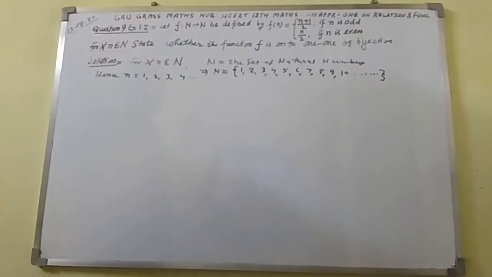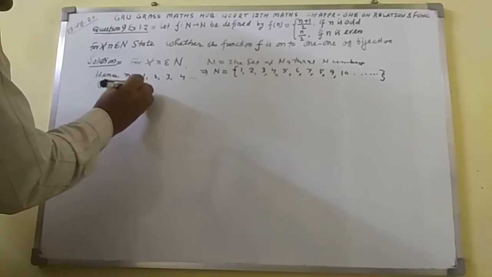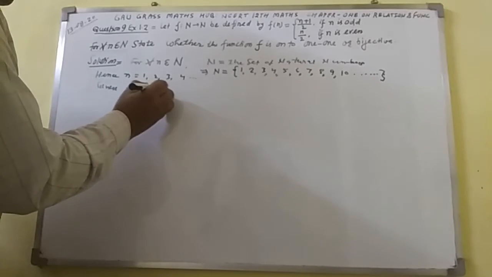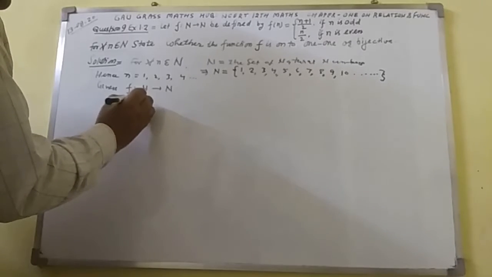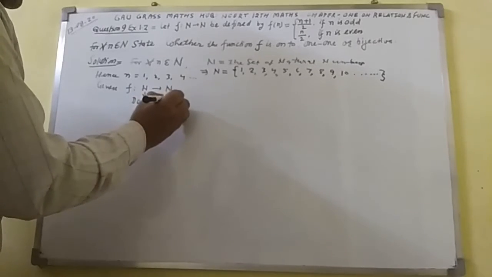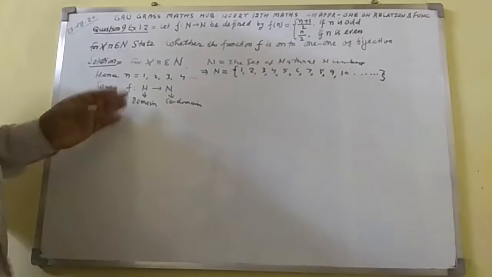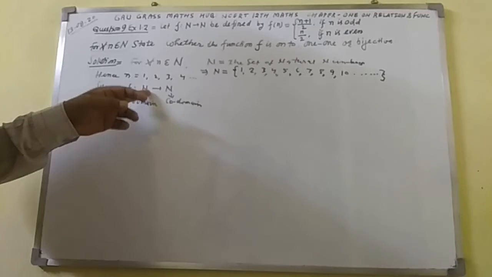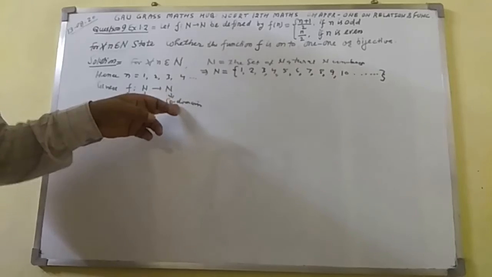Now here it says f is a function from capital N to capital N. Here you can see this capital N is the domain, and this capital N is the codomain. So f is a function from N to N, where this N is domain and this N is codomain.